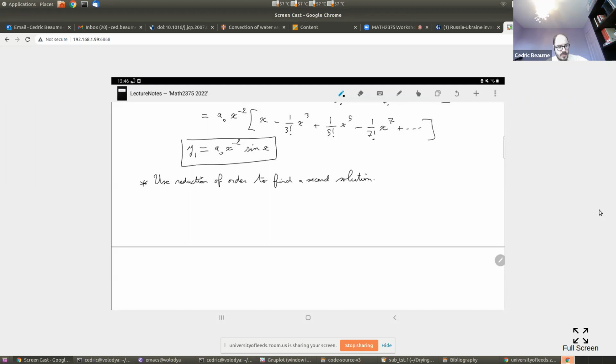Okay, so reduction of order, when you have one solution to an ODE and you need a second one, you know that's got to be something related to the Wronskian. So what you need to look at is, what can we do with the Wronskian? And then there's one formula that you should remember.